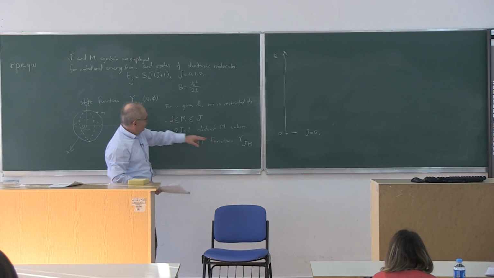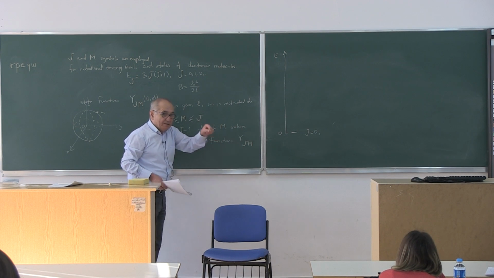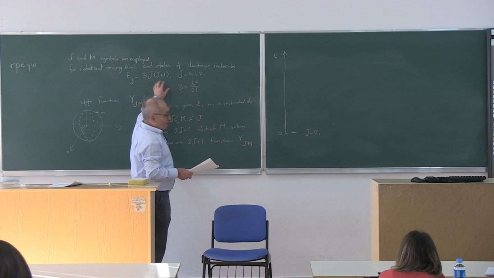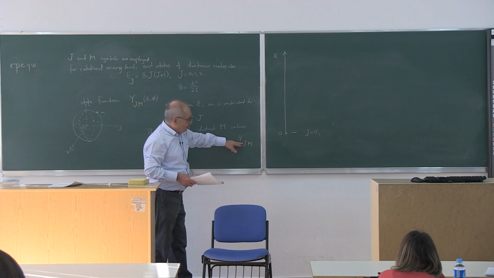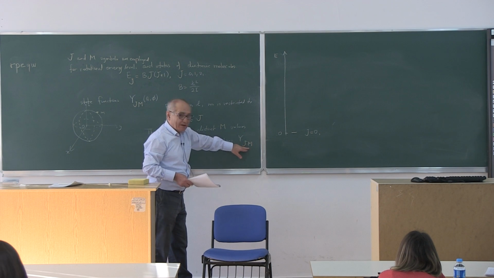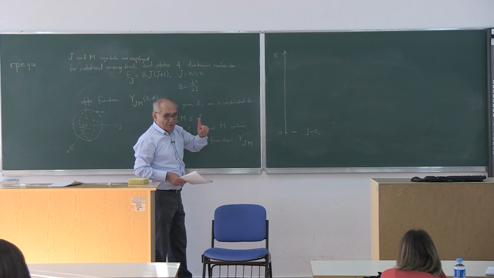It means different rotation state functions for the same J. Same J means same energy here. But when J is larger than 0, M will have more than 1 value. For J equals 0, we have just 1 M value. What is that? M equals 0.